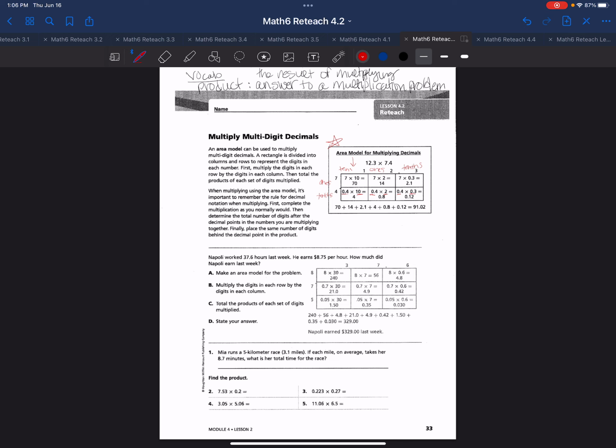Let's just review some of the steps involved when you multiply decimals. So first, you are going to complete the multiplication as you normally would. That's step 1.